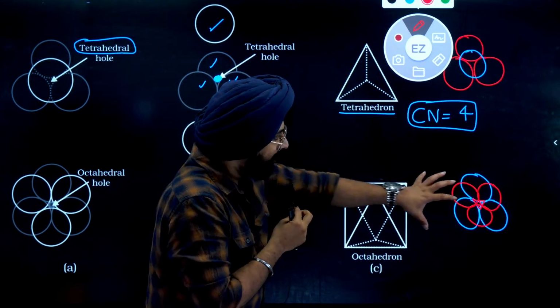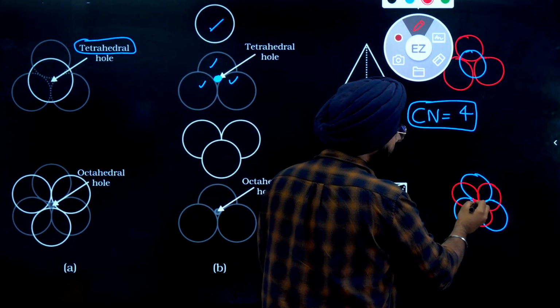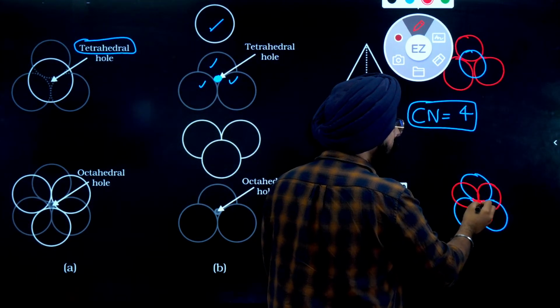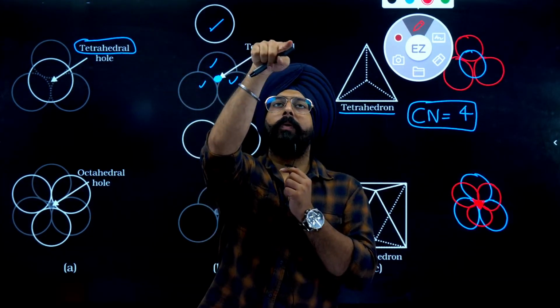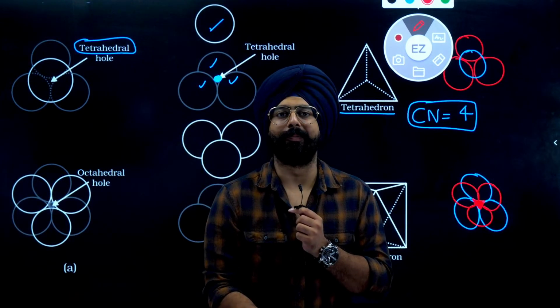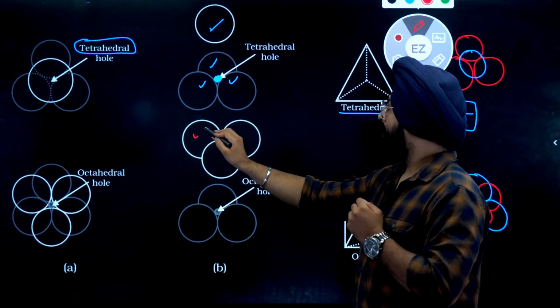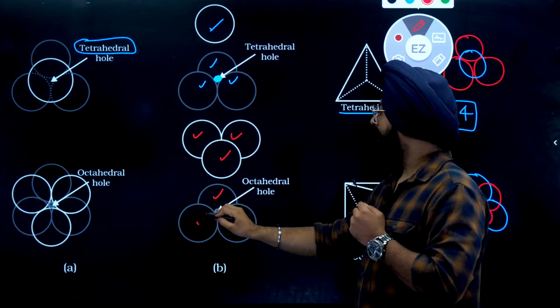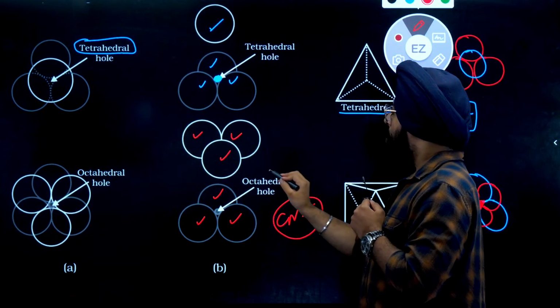Cool. When this happens, the gap that we have in the middle has 6 nearest neighbors. 3 on top and 3 at the bottom. Like this: 1, 2, 3, 4, 5, and 6. So the coordination number over here becomes 6.